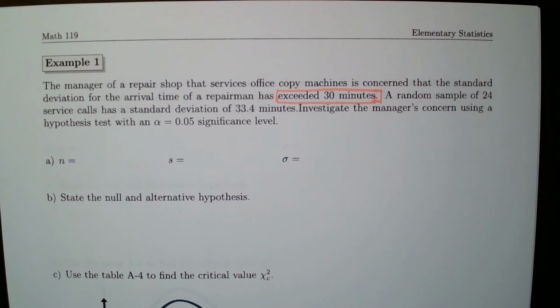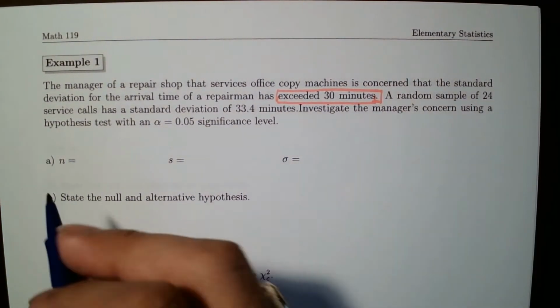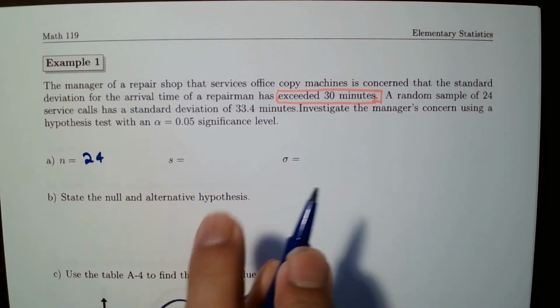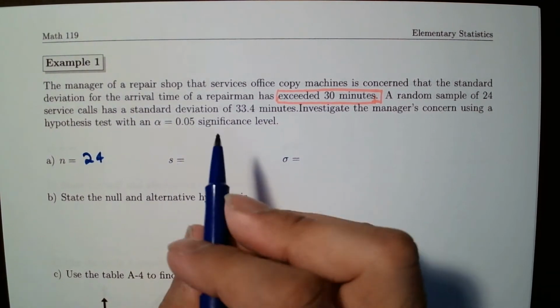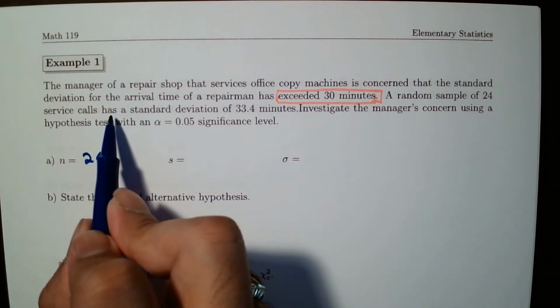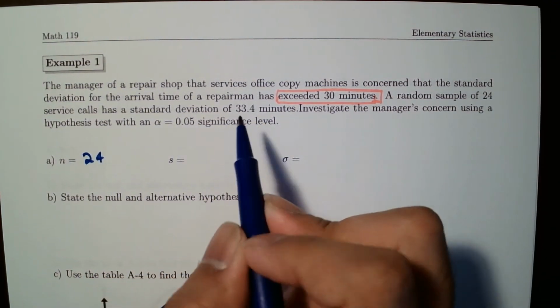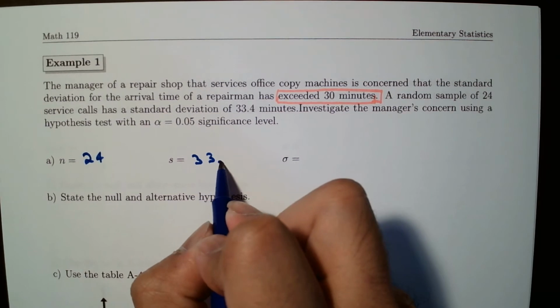A random sample of 24 service calls has a standard deviation of 33.4 minutes. Investigate the manager's concern using a hypothesis test with a 0.05 significance level. In this case, the parameters are the number of calls, which is 24, and the standard deviation of the sample, 33.4.